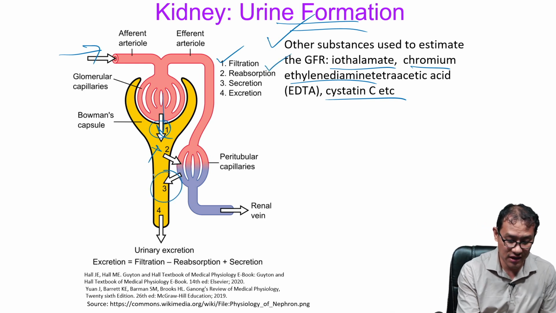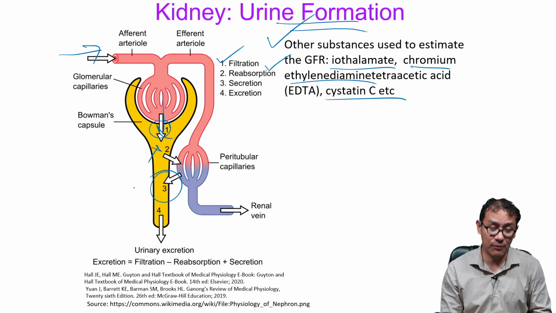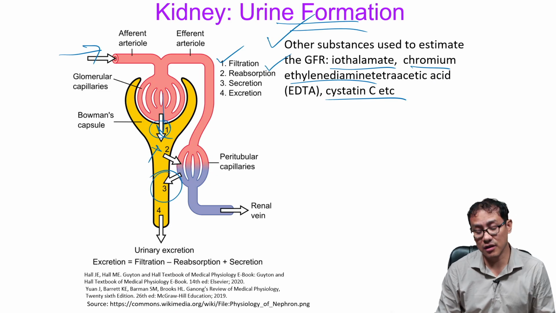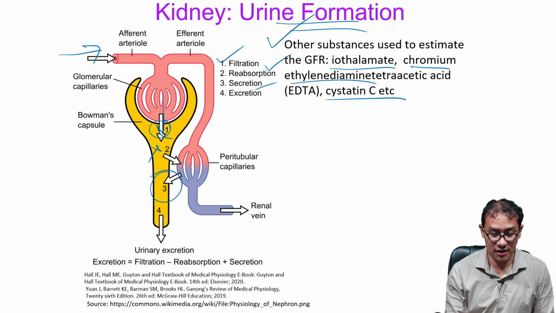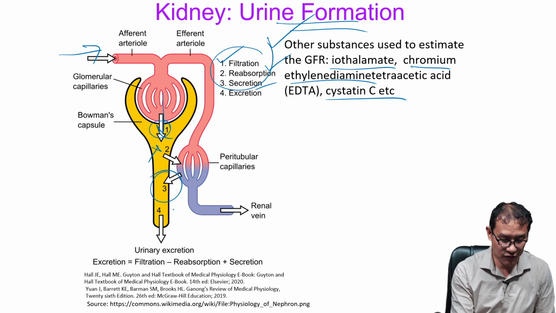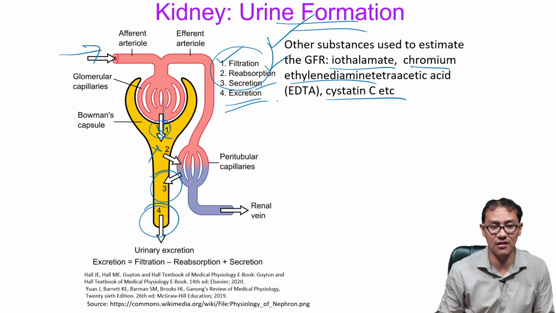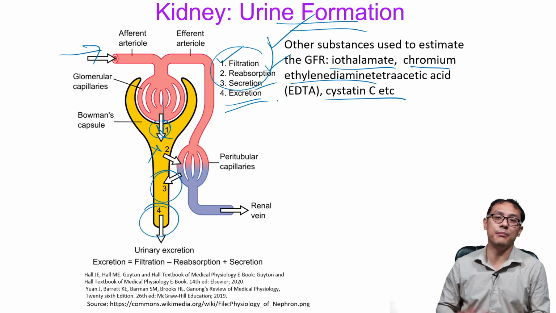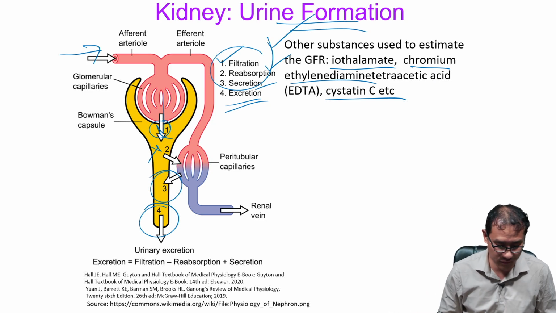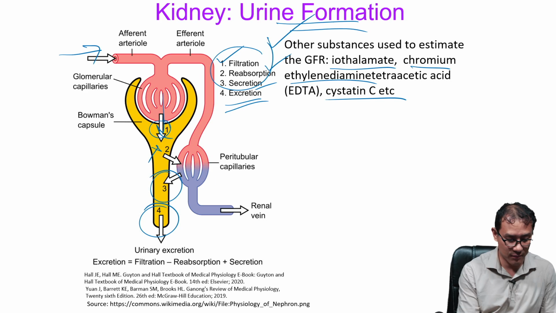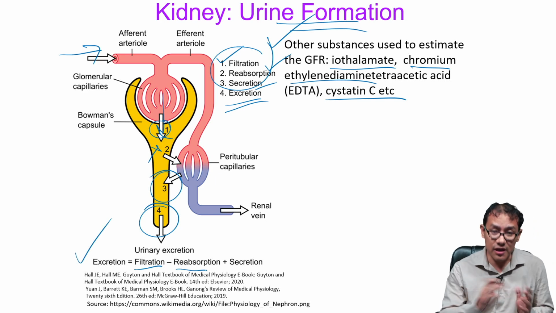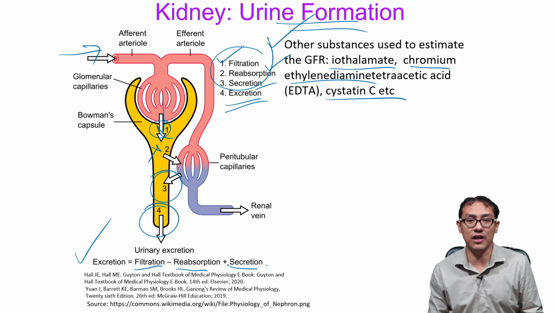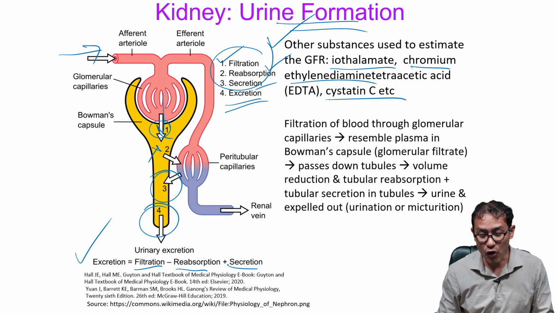Then some amount is excreted by the tubule from the peritubular capillary, which is the process of secretion. Finally the formed urine is excreted by the process known as micturition or urination. So this is the concept. Excretion is equal to filtration minus reabsorption plus secretion. In this way the final urine formation happens.